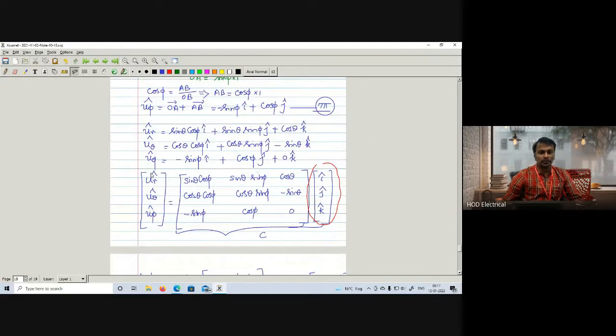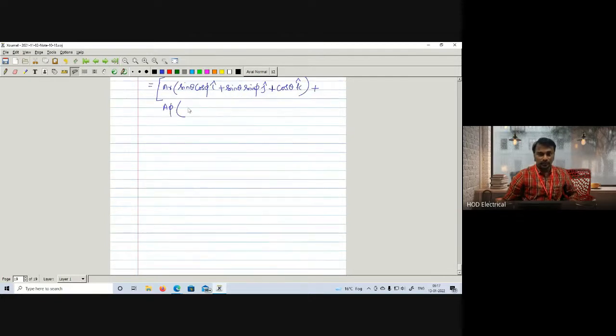So I will copy this entire matrix here so that we can reduce the time consumed. So minus i, this we can write j gap, and this will be k gap, plus then another component.